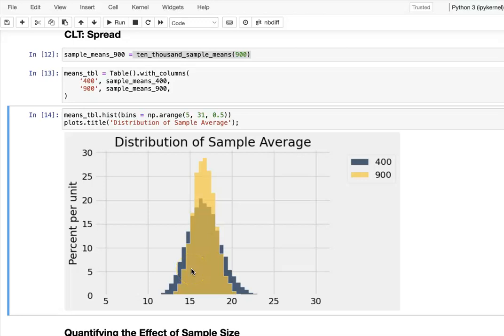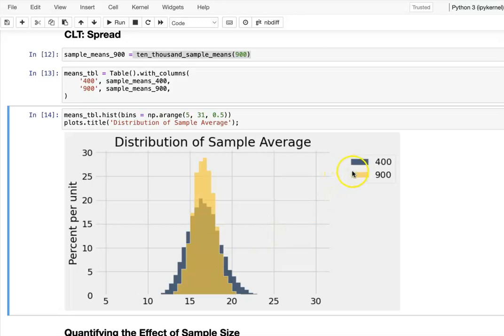Okay, so what can we know from this? It tells us that no matter what your sample size is, as long as it is large enough, whether 400 or 900, they have a similar center. Of course, this center is close to our population average.